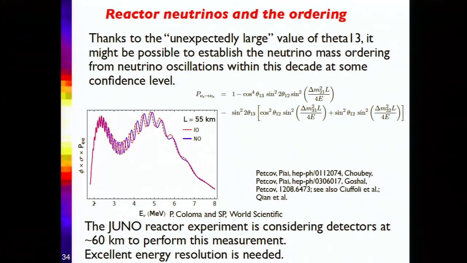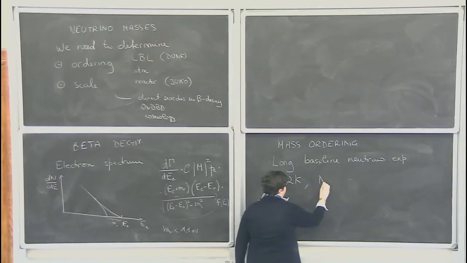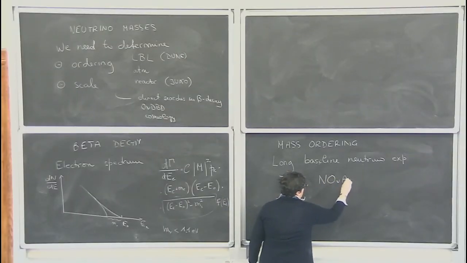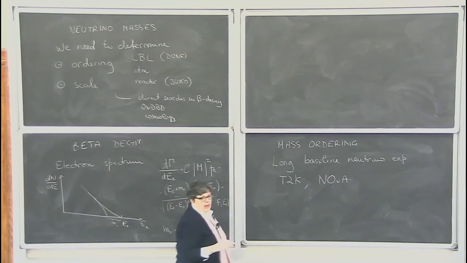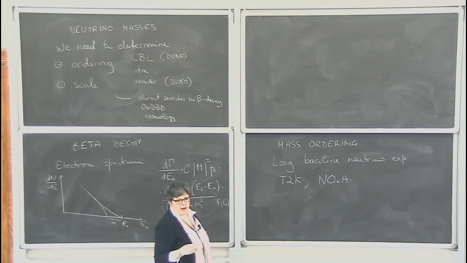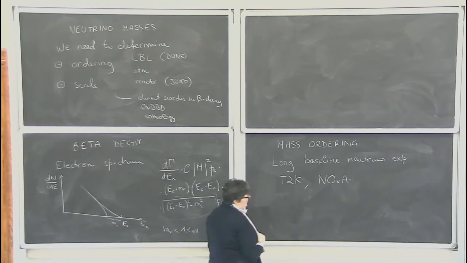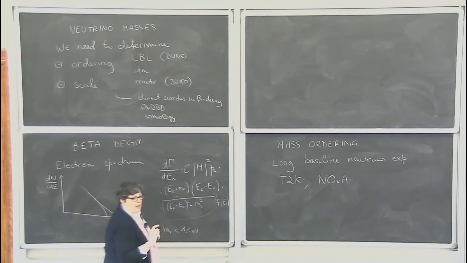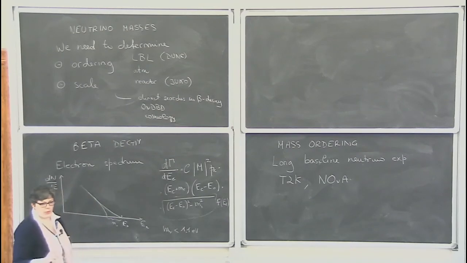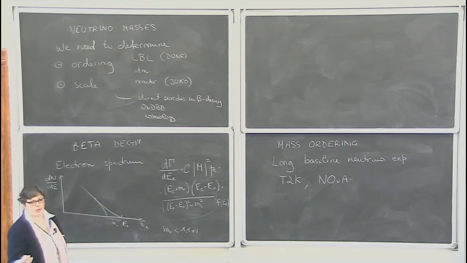Currently, there are 2 experiments, which are T2K and NOvA. The energies that you typically use, you remember from yesterday, are between a GeV-ish and a few GeV, which correspond to distances between 300 kilometers and 800 kilometers, which also means that you can distinguish electron neutrinos and mu neutrinos, but it's very difficult to see tau neutrinos.